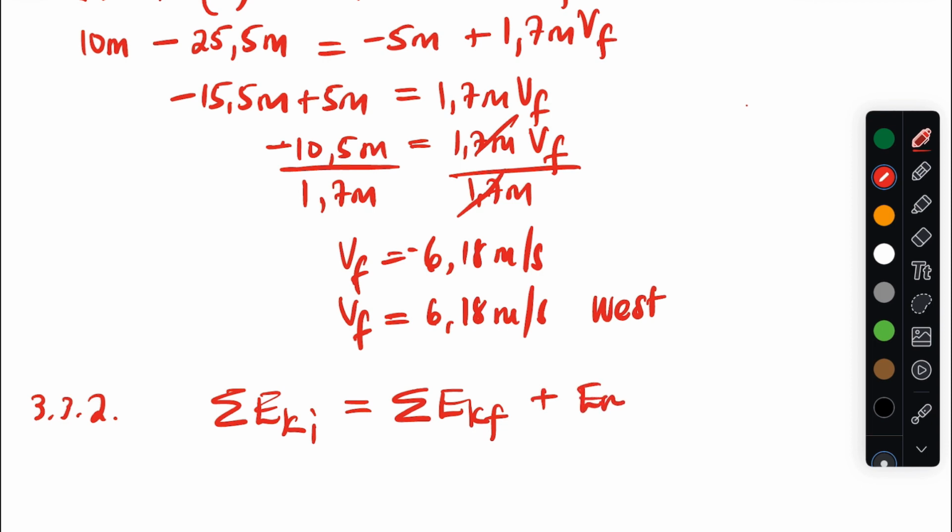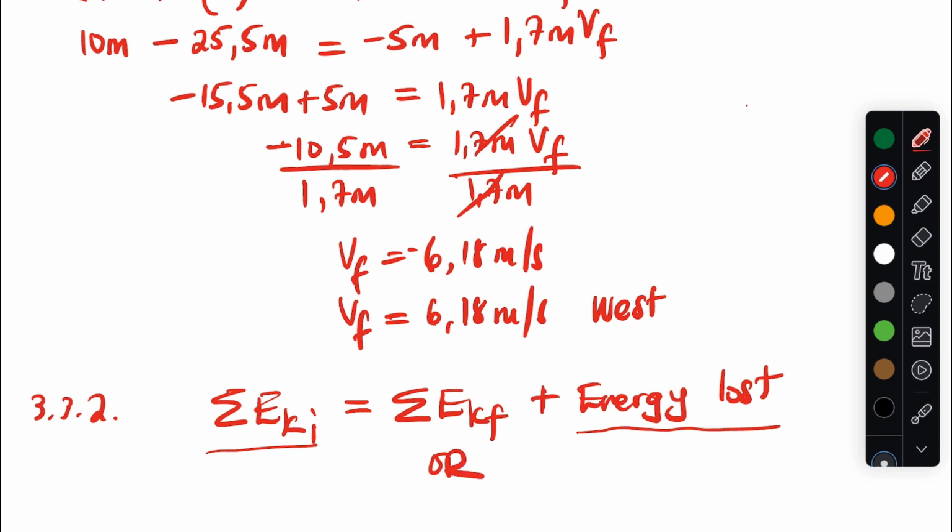The energy lost. Before, there was a kinetic energy, but there's an energy that it has lost. So that energy that it has lost, you have to add it in the final total kinetic energy.